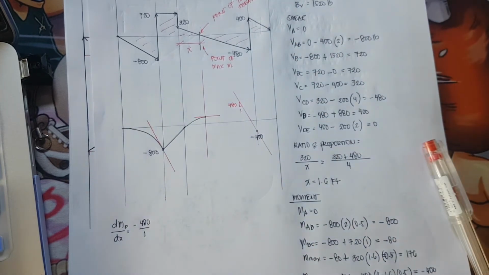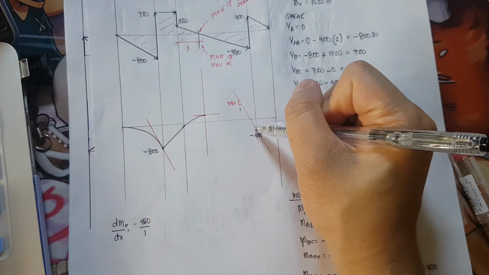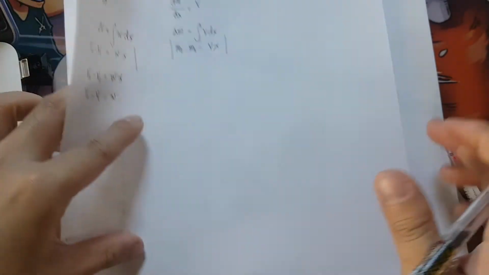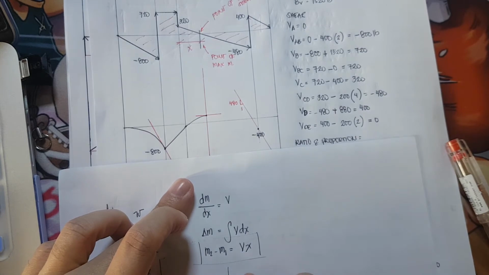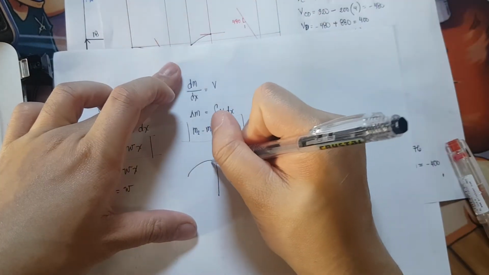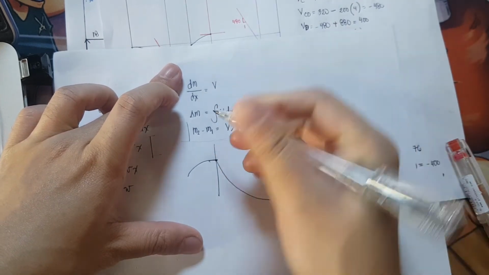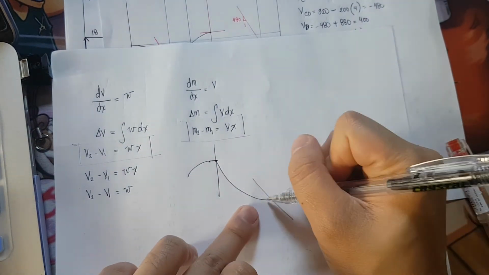Now, paano magiging itsura ng curve ko so that it would be connected by a smooth curve? So, if I am to have my curve, take note at that point, I have this, no? Pag i-connect ko yan, if I am to connect that this way, then it is no longer connected by a smooth curve, and the point of tangency is this way.